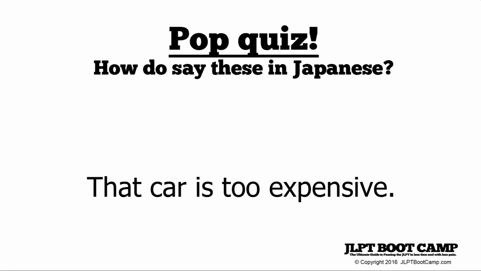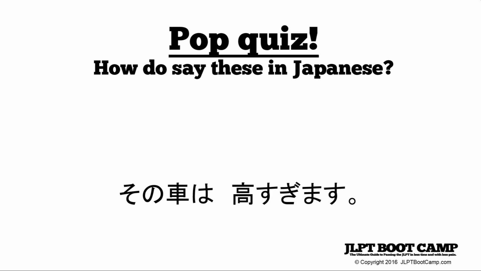In Japanese, that would be sono kuruma wa takasugimasu. So sono is that, kuruma is car, wa is the topic marking particle, takai is expensive, and then sugimasu, sugiru is too much. So it's too high literally, but we can translate it as too expensive.